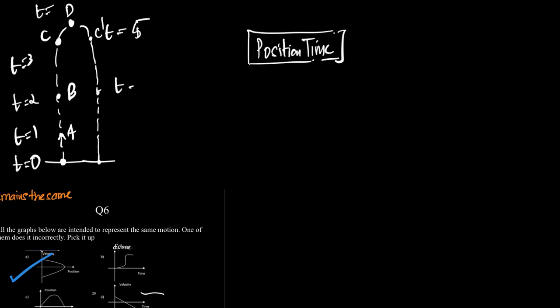At t is equal to 6, it is at B dash. At t is equal to 7, it is at A dash. All right. And at t is equal to 8 again, it comes to the origin, ground again.